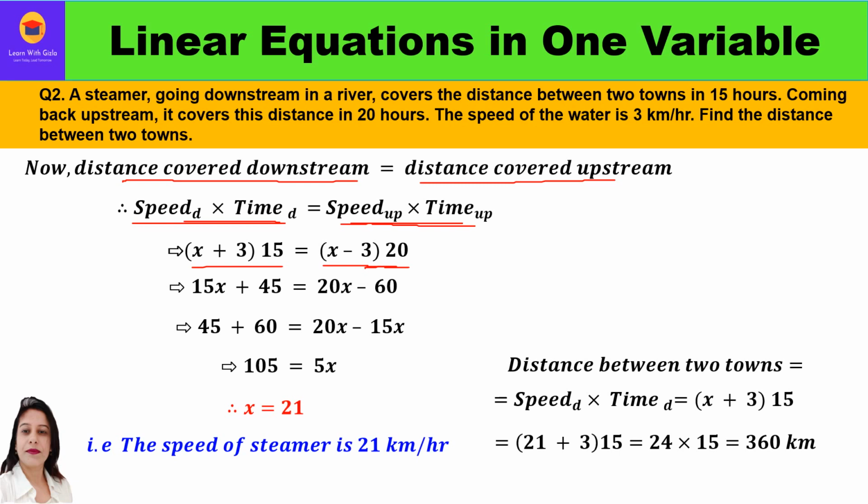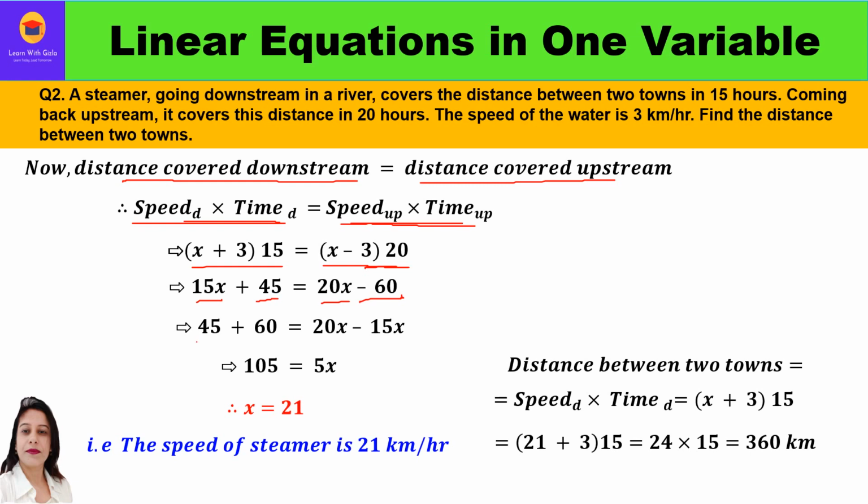Now this is the linear equation in one variable. We need to solve it by opening the brackets. Now 15 into x is 15x, 15 into 3 is 45, 20 into x is 20x, 20 into minus 3 is minus 60. Now further simplify by taking the like terms on one side, that is the variable on one side and the constants on the other.